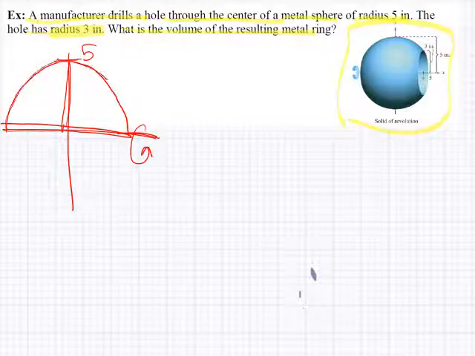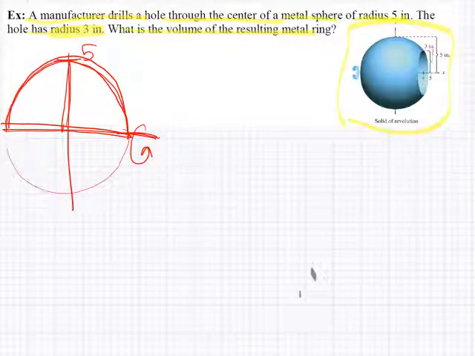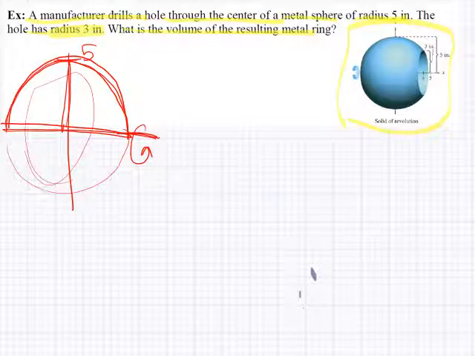So if I took this half circle and rotated it around the x-axis, I would get a sphere, right? This would rotate down here, and I would get this sphere. How could I create this half circle?